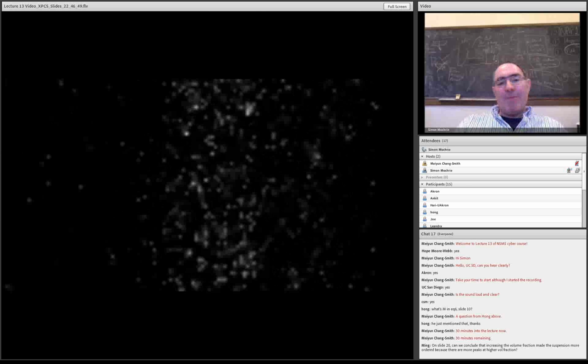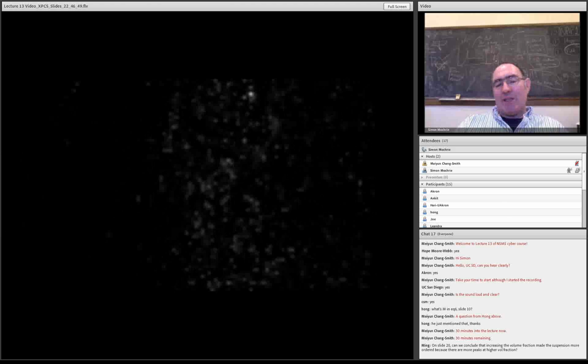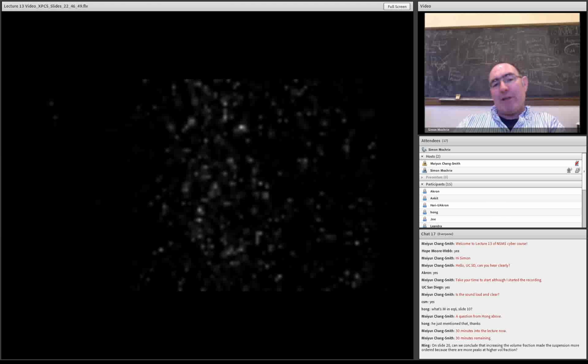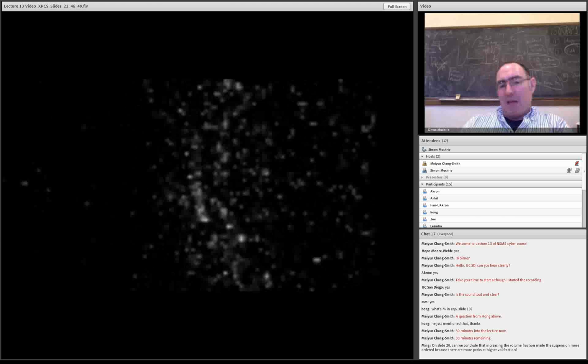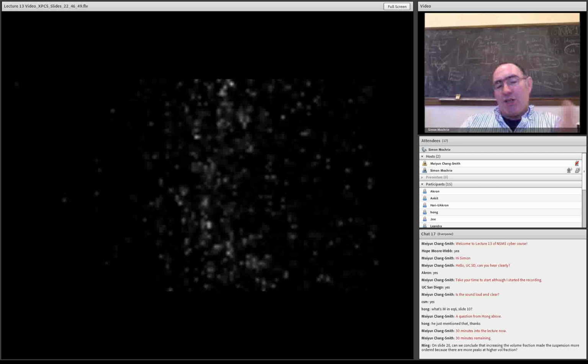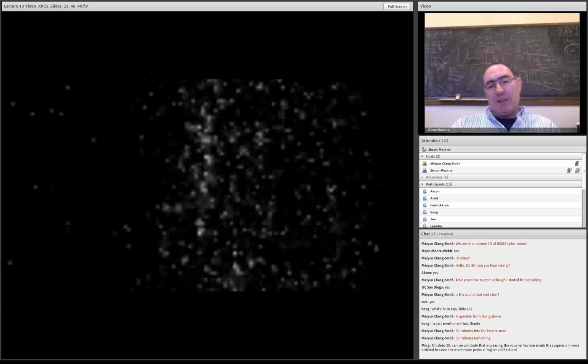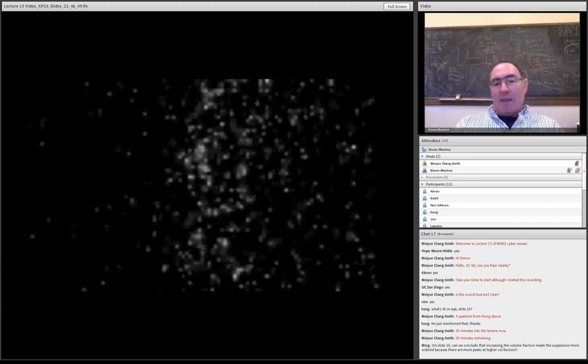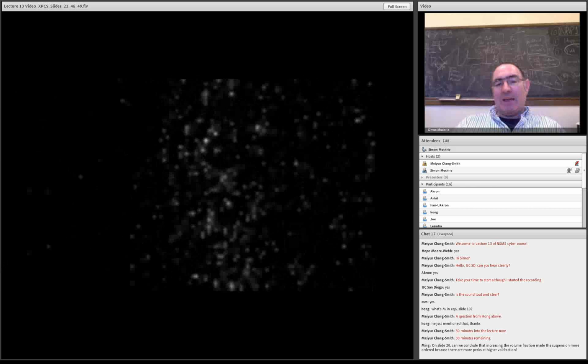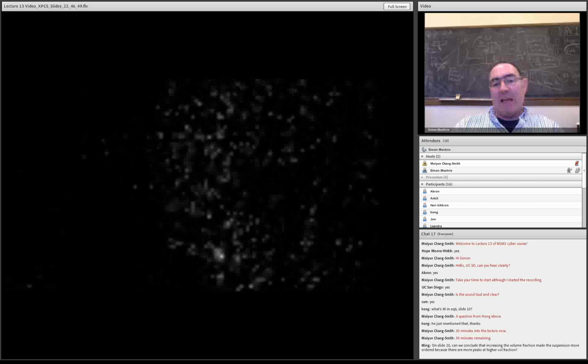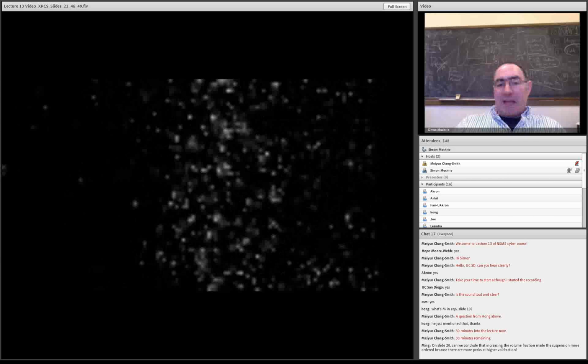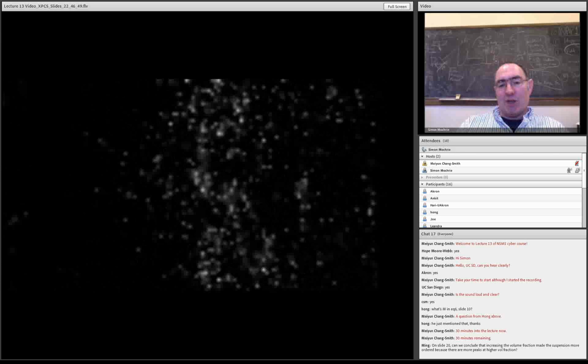So what we can do now is characterize the time scales for these things to live. Basically, we measure how long these bright patches live, and the way that we do that is we calculate from data exactly like this the intensity autocorrelation function pixel by pixel.